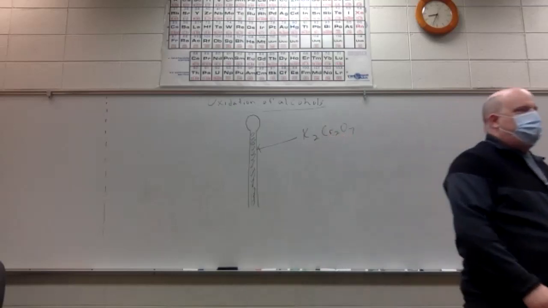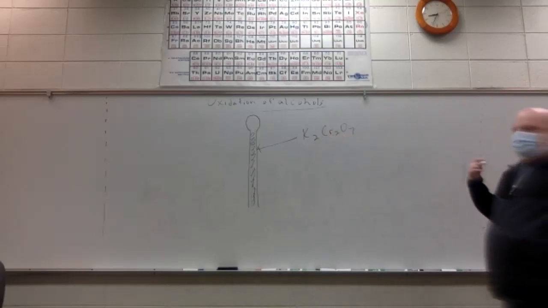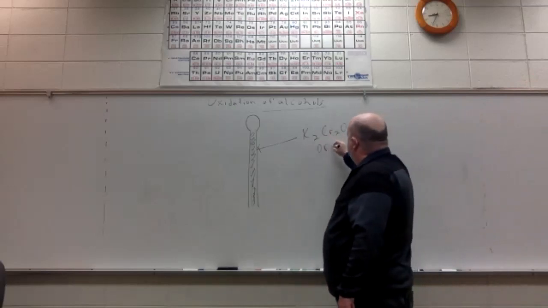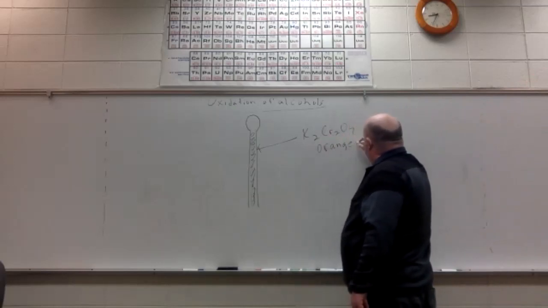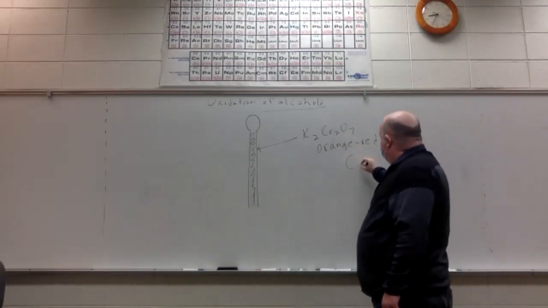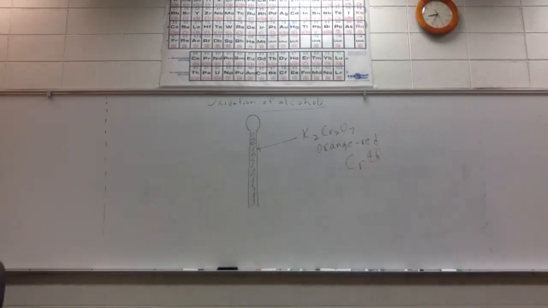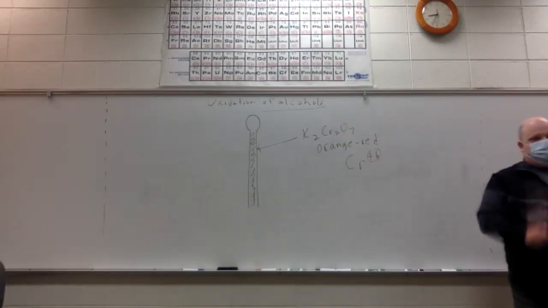You guys have probably worked with this in the past. Does anybody remember what potassium dichromate looks like color-wise? It's sort of a deep orange, orange-red color. And that's because chromium is in the +6 oxidation state in that molecule. Chromium, when it's +6, looks sort of orangish red.